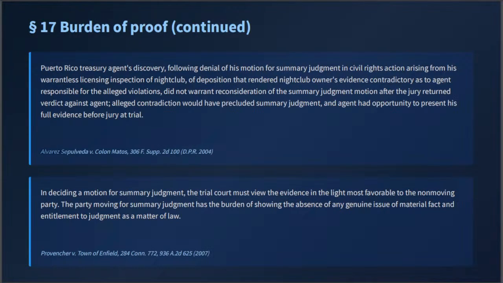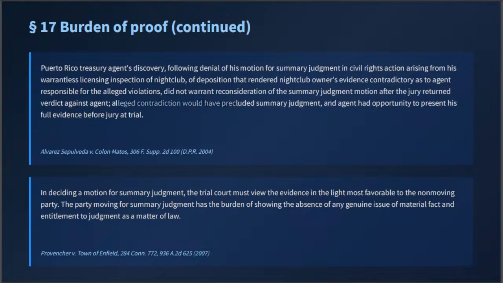This one's from Alvarez versus Colin Matos in Puerto Rico, 2004. Puerto Rico Treasury agent's discovery, following denial of his motion for summary judgment in civil rights action arising from his warrantless licensing inspection of a nightclub, of a deposition that rendered nightclub owners' evidence contradictory as to the agent responsible for the alleged violations, did not warrant reconsideration of the summary judgment motion after the jury returned a verdict against the agent.